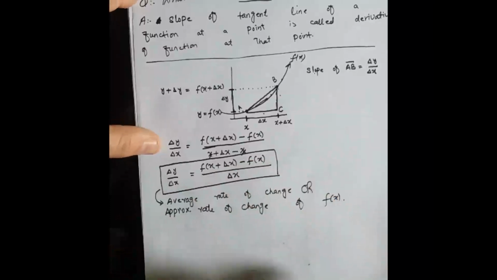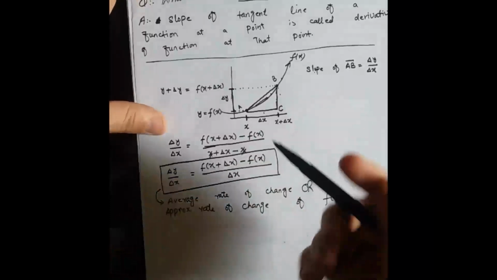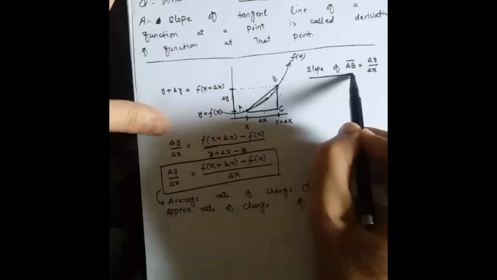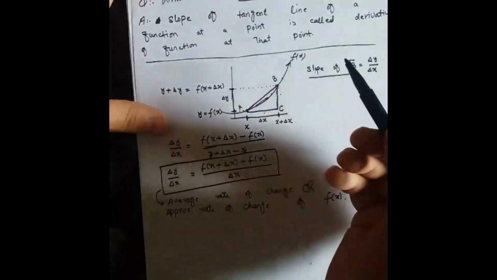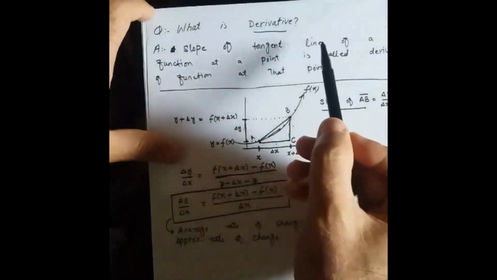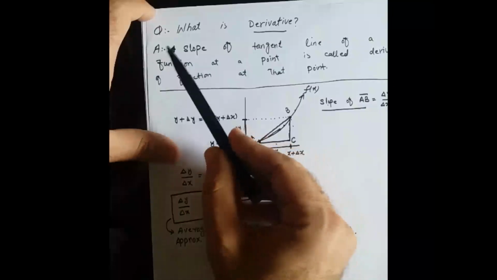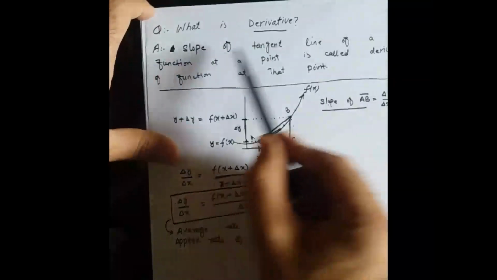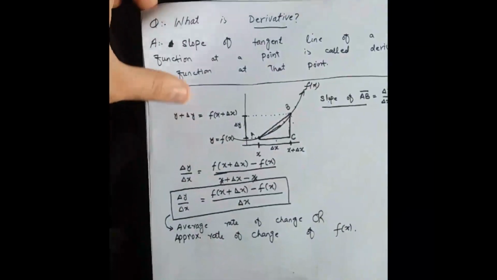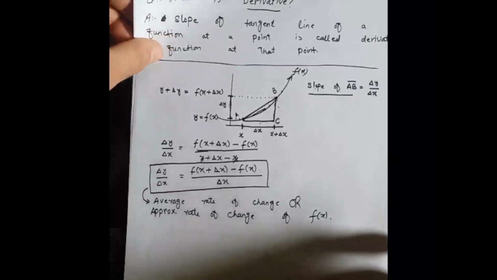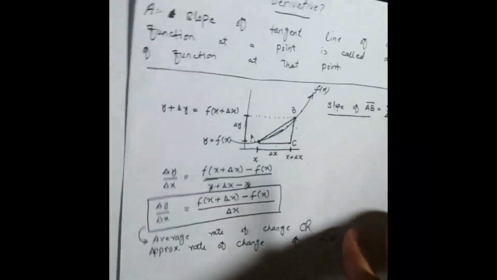Now we have found the slope of AB, which is the secant line. Now, according to the definition, we come to find the slope of the tangent line of the function.